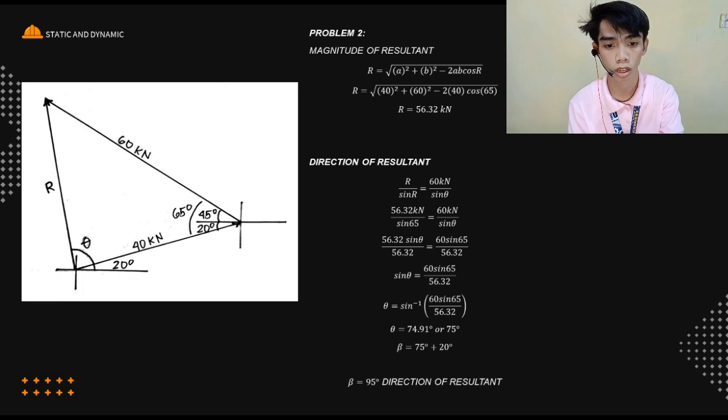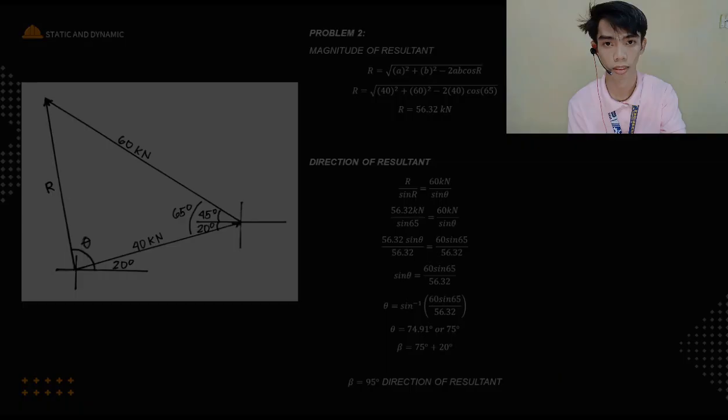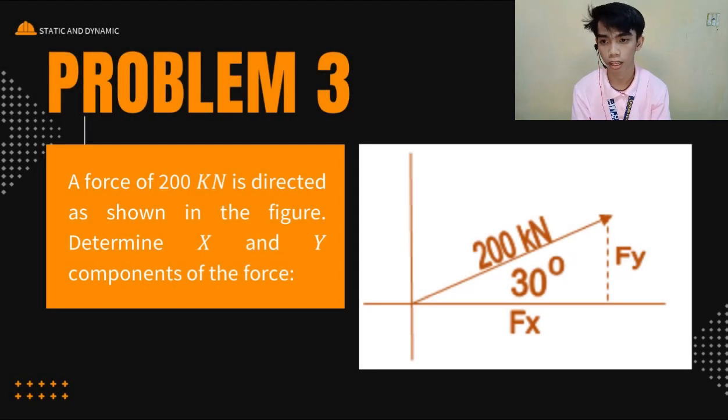Using our calcu, shift sine, ang magiging sagot is 74.91 or 75 degrees. Para makuha natin yung direction talaga ng resultant from x-axis, i-add natin ang nakuha nating sagot sa 20. So, 75 plus 20 is equal to 95 degrees.